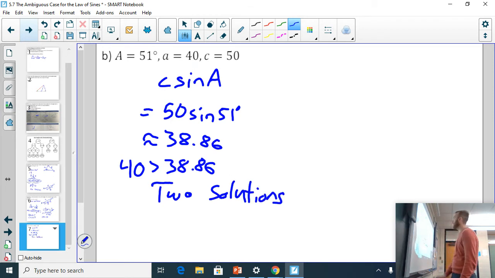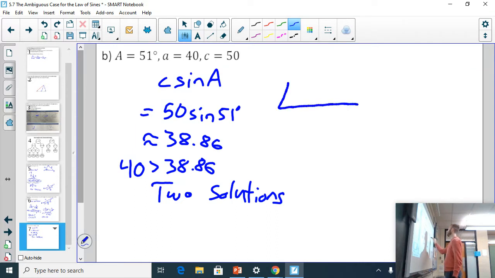So we know we're going to have to find two separate solutions. And the trick here is we need to find what the sine of C is, because C is what's messed up. C is what we don't know what's going on. Because if we were to sketch maybe an angle that's 51, maybe about like that, and let's do our acute one that we know we have.